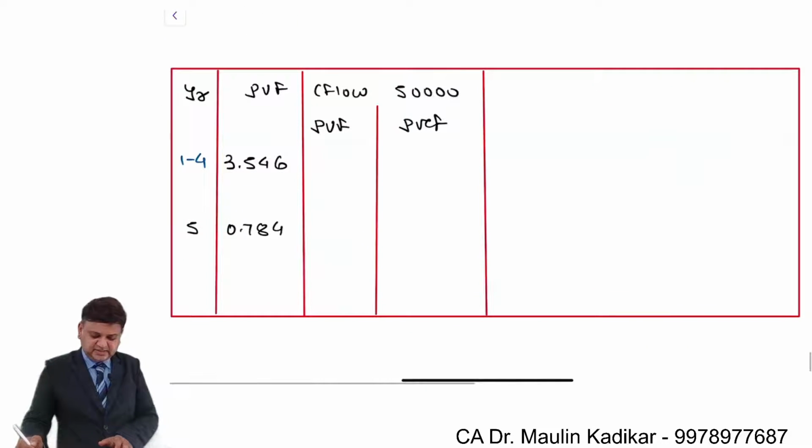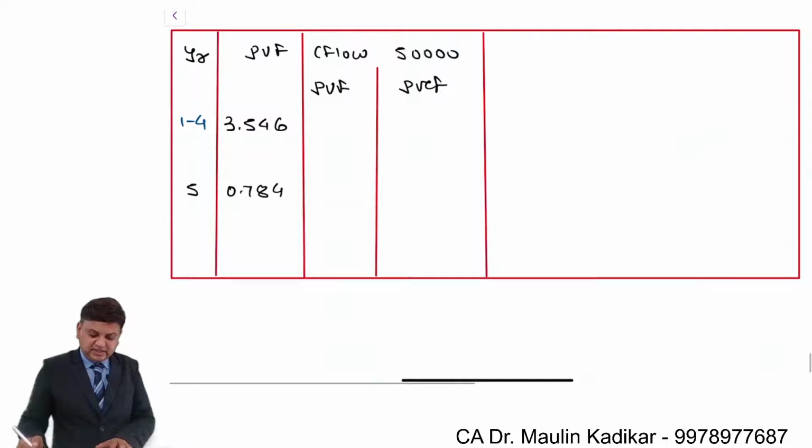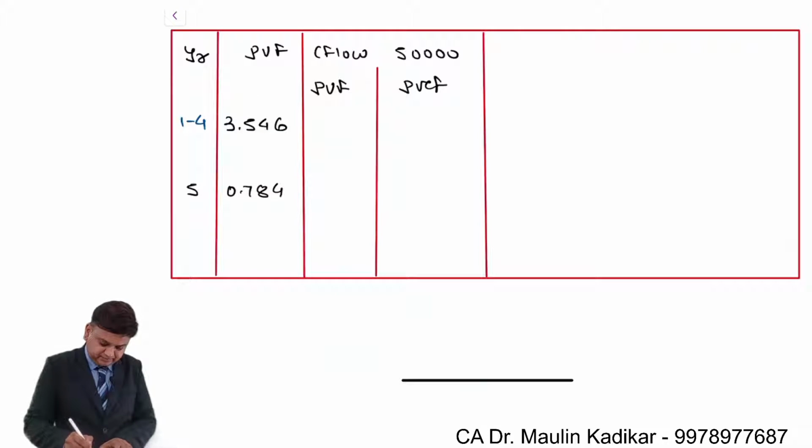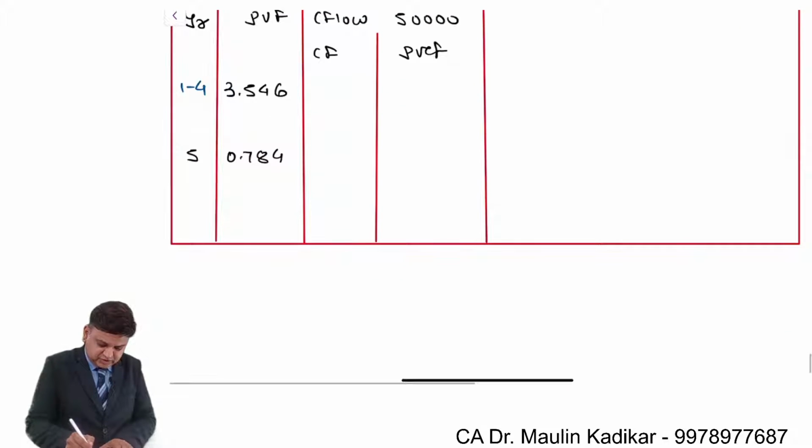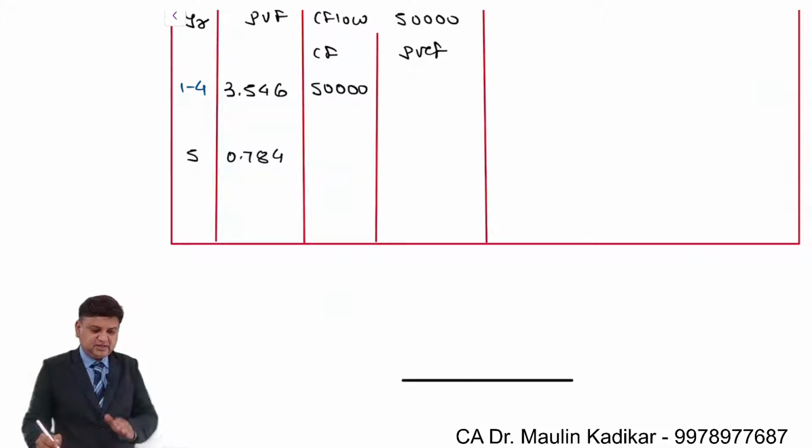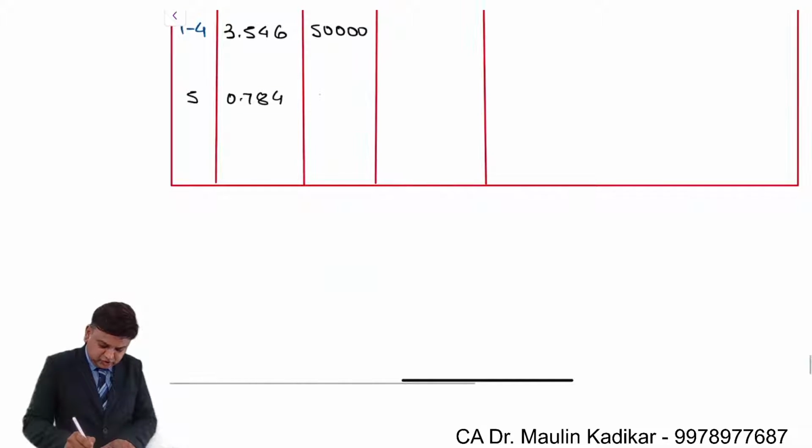This is what we have as year 1 to year 5 factors. The recurring cash flow is 50,000. So it is 50,000 rupees year 1 to year 4, and last year apart from this 50,000 we will have the residual value of 40,000. So the total will be 90,000. 50 plus 40.